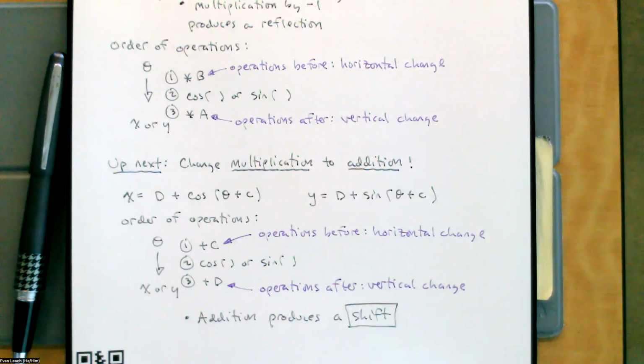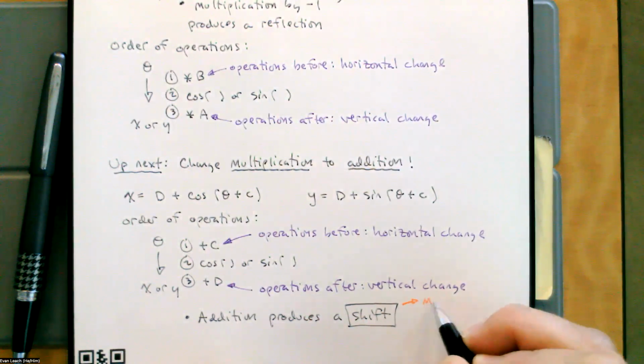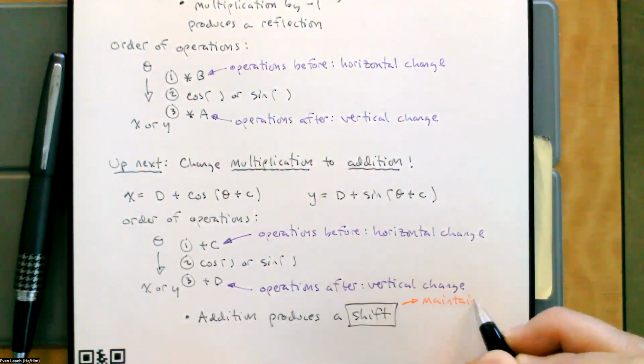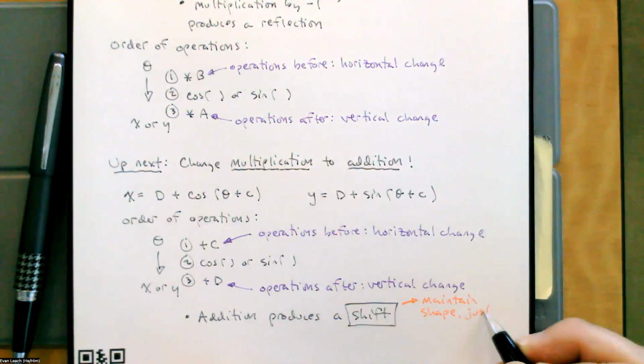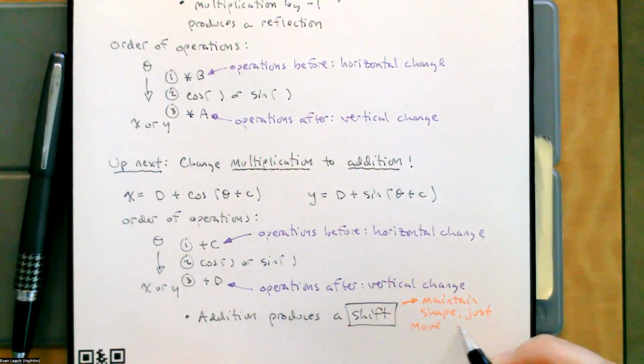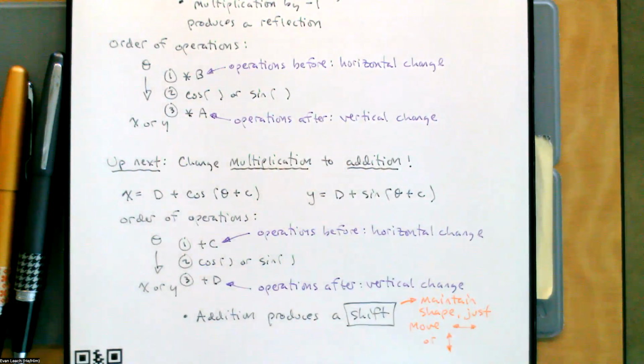Maintain the shape, just move it side to side or up and down. Horizontal shifts happen with addition before the trig function. Vertical shifts happen with addition after the trig function.